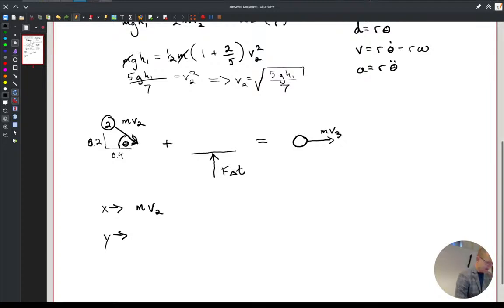So I saw this angle get labeled theta. It's our favorite angle, letter. So whatever that mv cosine theta started off as, that is my mv3, because there's no force acting along the x direction.